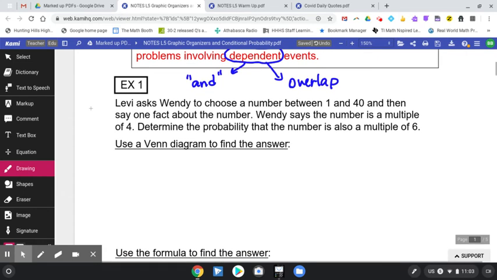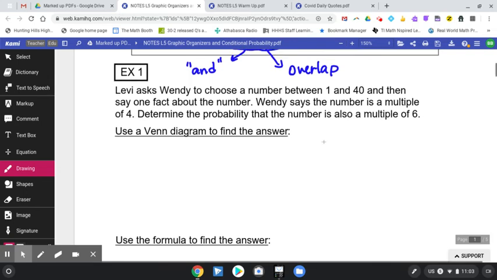So our first example. Levi asks Wendy to choose a number between 1 and 40 and then say one fact about the number. Wendy says the number is a multiple of 4. Determine the probability that the number is also a multiple of 6.